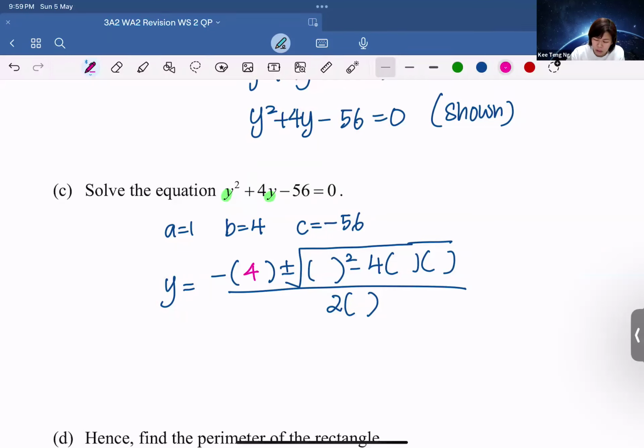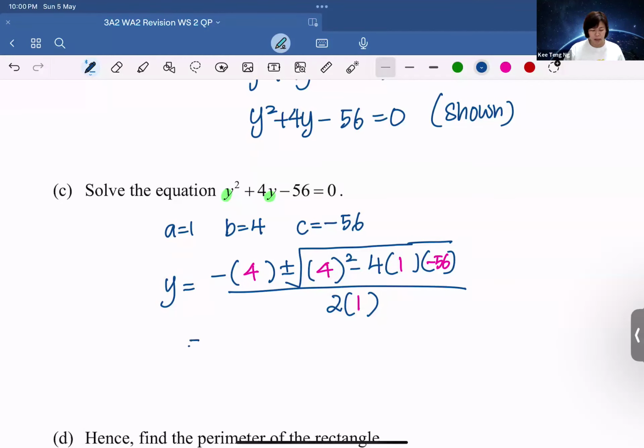So b squared minus 4ac over 2a. Then I shall use my calculator. Okay, mode 5 2 2. Or you can use other calculator with a different mode. I don't know which mode that you have, but please go and use it. So A equals to 1, B equals to 4, C equals to negative 56.